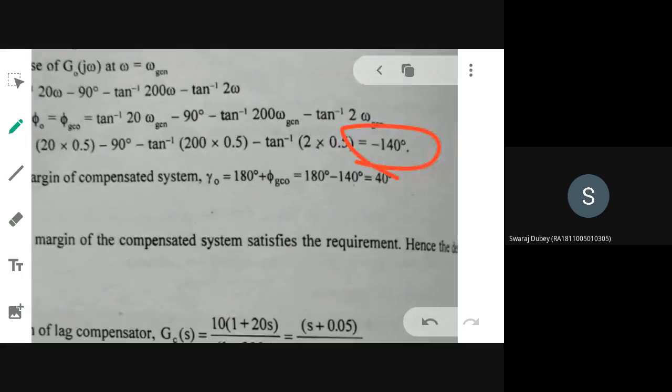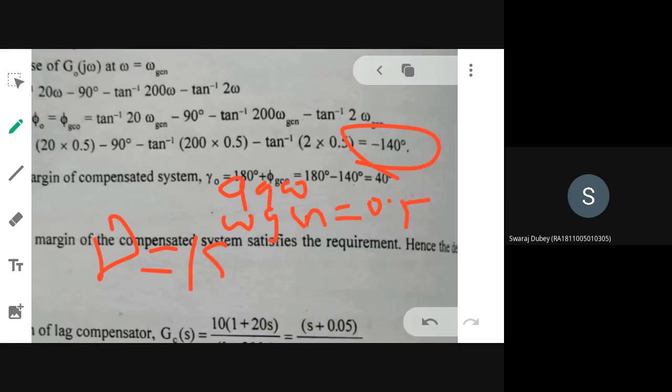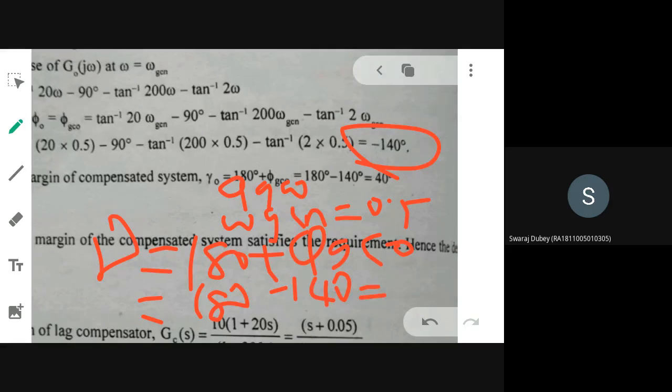After substituting omega GCN equal to 0.5 everywhere, I have got phi GC O equal to 140. Now gamma I have to substitute 180 plus phi GCO. So 180 minus 140. So what is the final gamma that I am getting? 40. So is the desired phase margin value achieved or not?